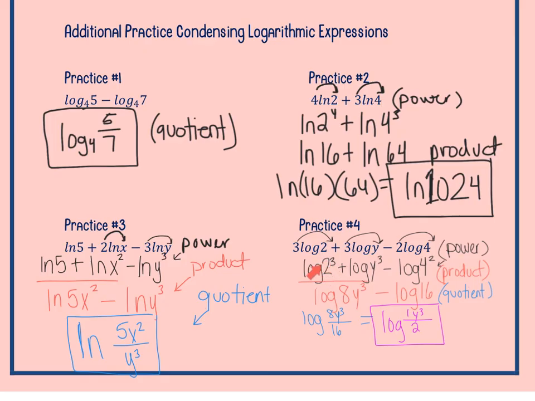Now I did go ahead and do 2 cubed was 8, and 4 squared was 16. Next property was quotient property. Says when I'm subtracting logs, I was really dividing them. So I had 8y cubed over 16. Now this is correct, but guys, always reduce if you can reduce. What does 8 over 16 reduce to? The answer is 1 over 2.